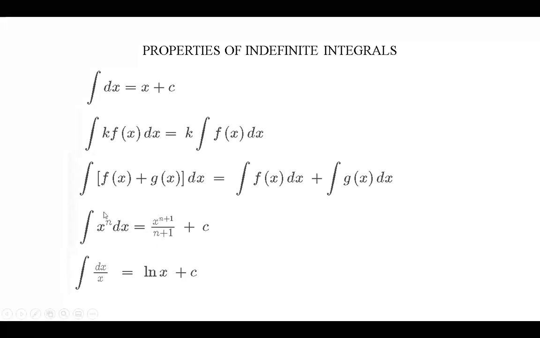If it is -1, then n plus 1 will become 0, right? So, to cover that shortcoming of this property, we have this fifth property. So, dx over x, or 1 over x, is simply x to the power of -1. So, if it is -1, meaning the integral is simply ln x plus c.